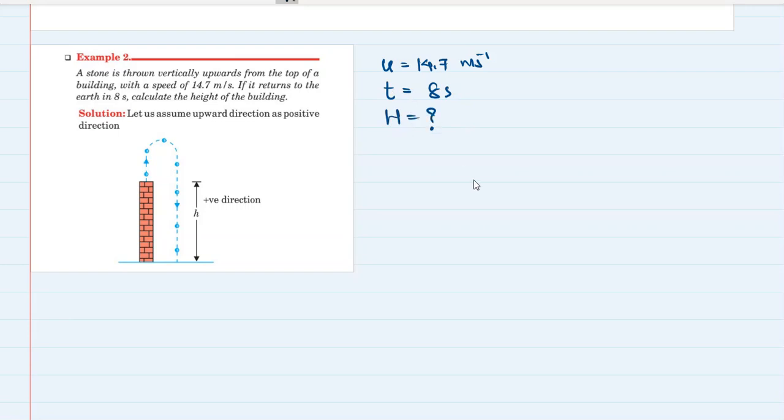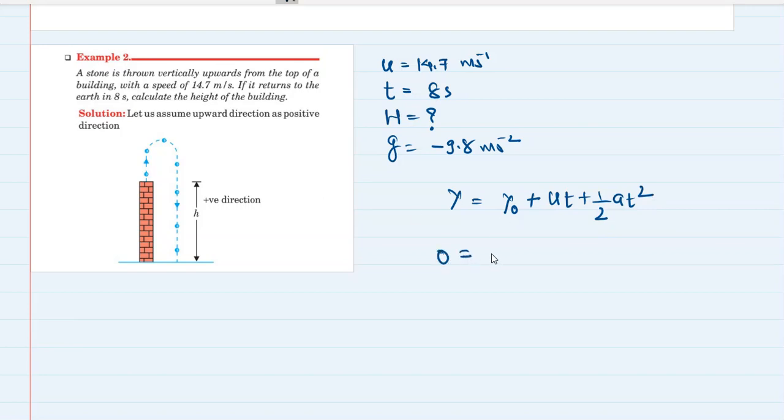Now see, here the acceleration due to gravity will be minus 9.8 meter per second square. So we can use this formula, which was y is equal to y naught plus ut plus half at square. Now in the place of y, since it is going to return to earth, that is on the ground, we are going to write 0.